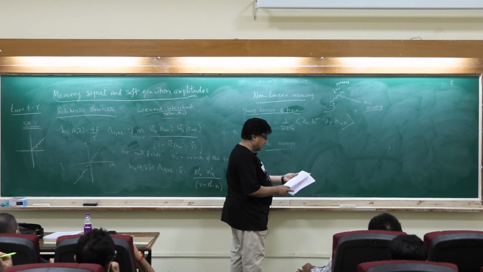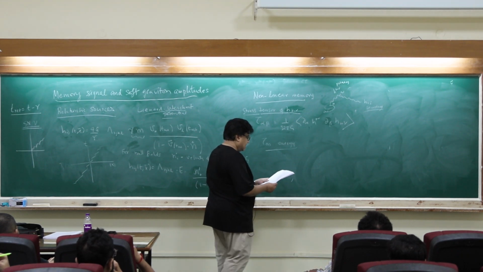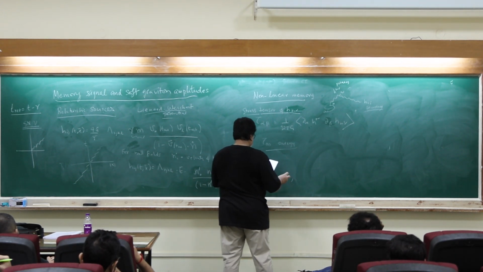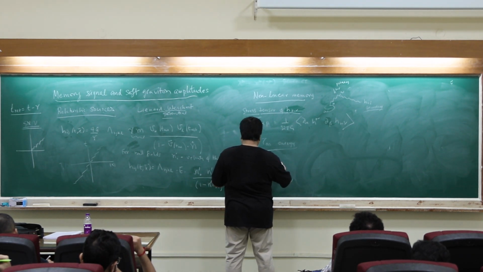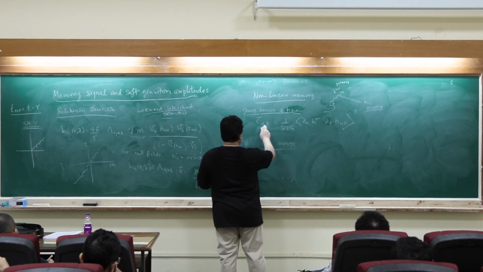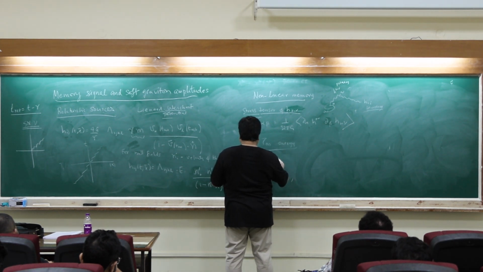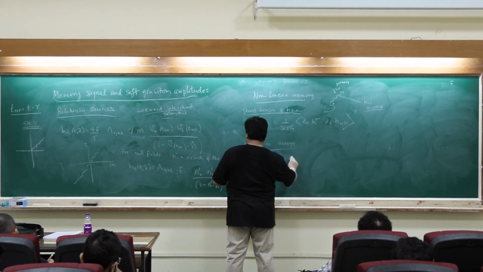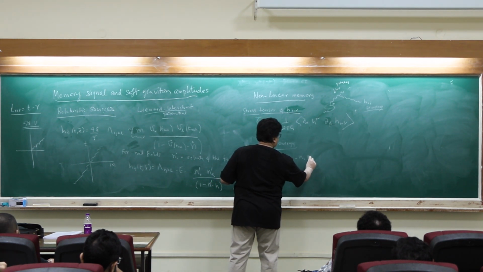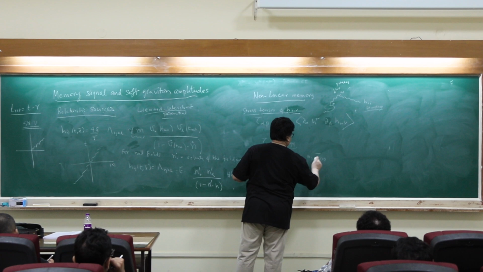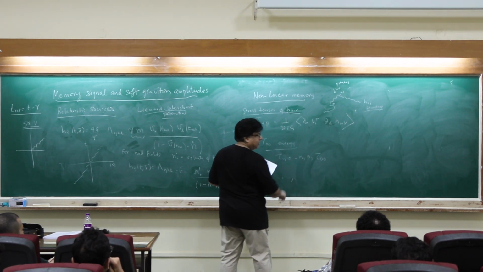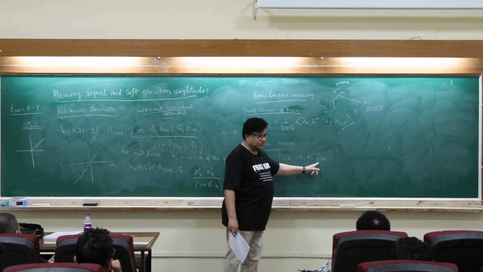So I think I'll just write the answer here, and it says, so if you use this T, then your Tij is minus Ni Nj T00, where this is the direction of the gravitons and this is the energy of the gravitons.